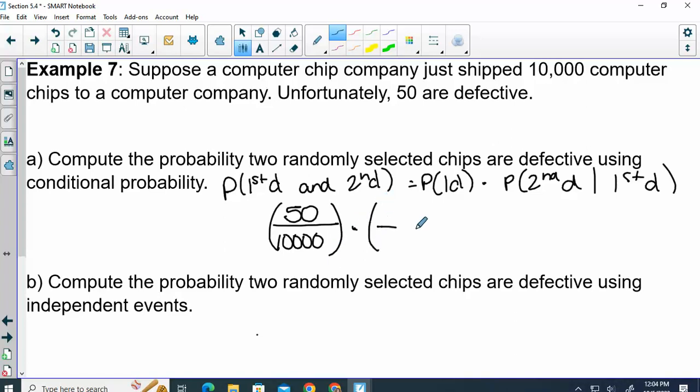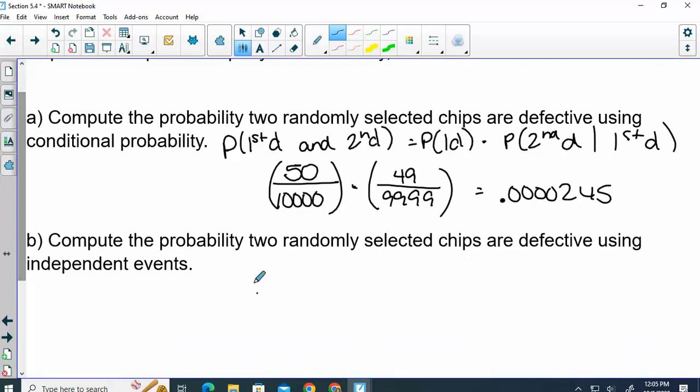If the first one was defective, now how many do I have if I took out one of the defective ones? 49. 49 defective ones out of how many total? 9,999. Okay, so this gives us 2.45, and then you see E negative 5. That's your scientific notation. Move your decimal back 5 places. So, going to be very, very unusual for us to get 2 defective chips there.